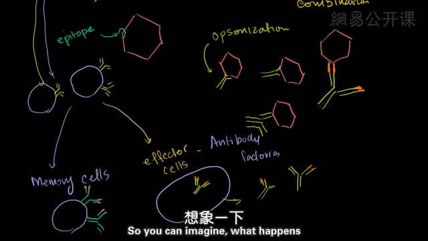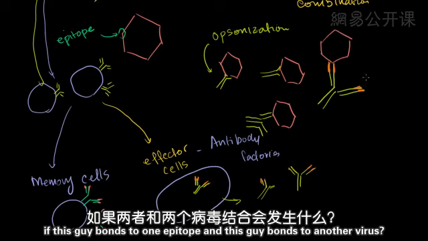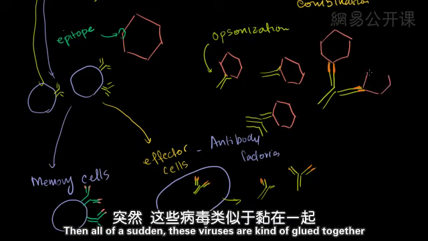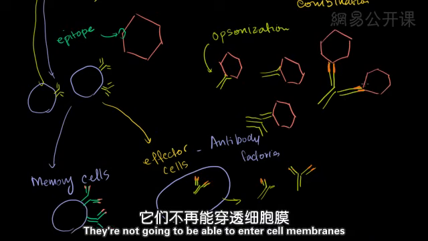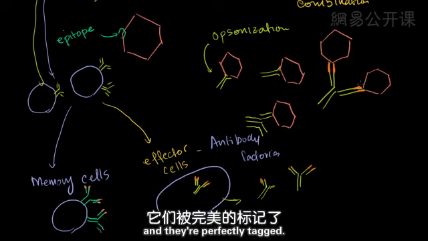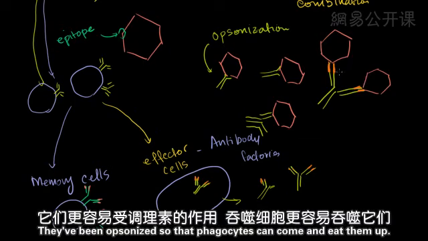So you can imagine what happens if this guy bonds to one epitope and this guy bonds to another virus. Then all of a sudden, these viruses are kind of glued together, and that's even more efficient. They're not going to be able to do what they normally do. They're not going to be able to enter cell membranes, and they're perfectly tagged. They've been opsonized so that phagocytes can come and eat them up.